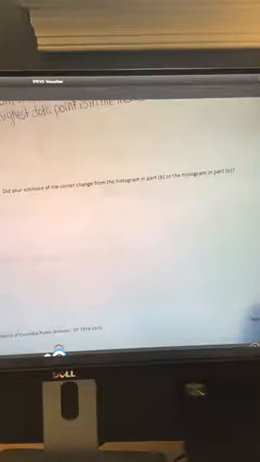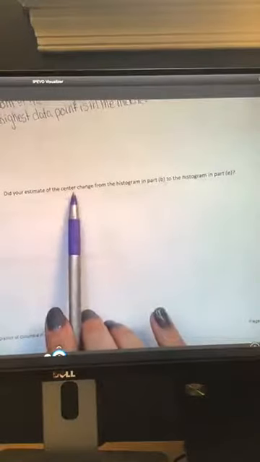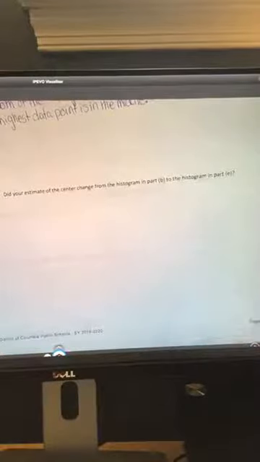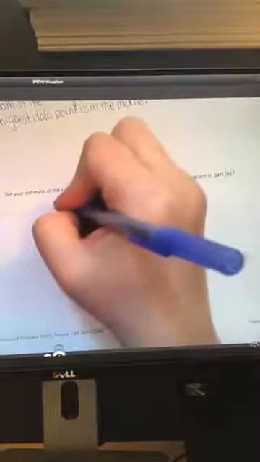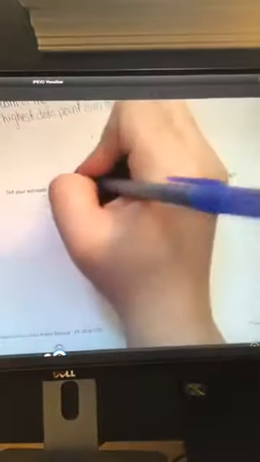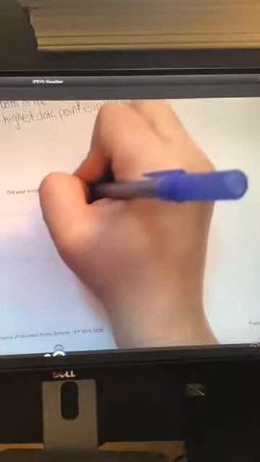All right, we have one more question. Okay, so did your estimate of the center change from the histogram in part B to part E? So here's what we're going to do. I'm going to pause on this question, because I want to take a deeper dive on my own time into how they're calculating the centers.